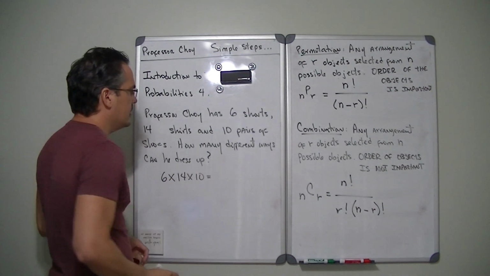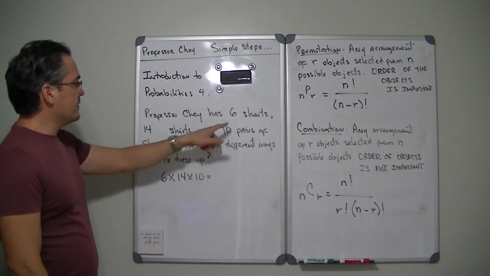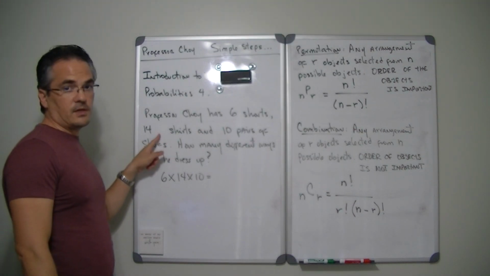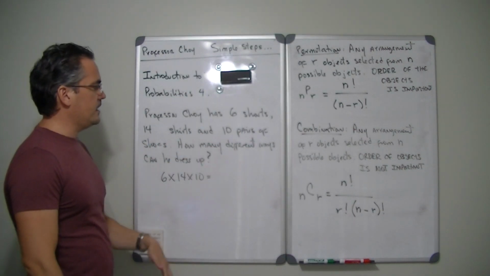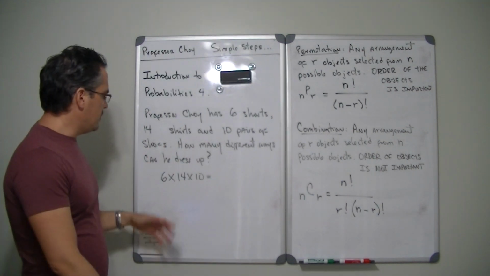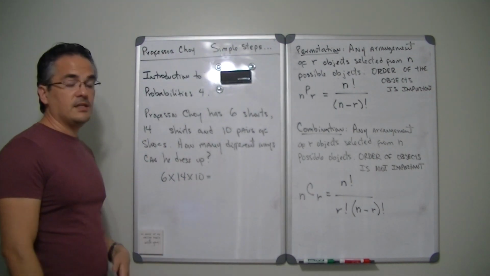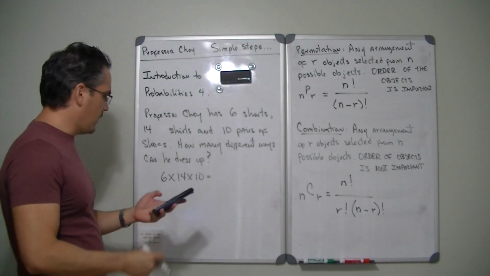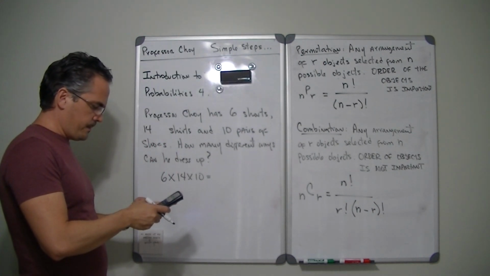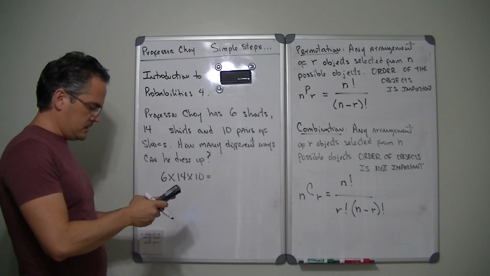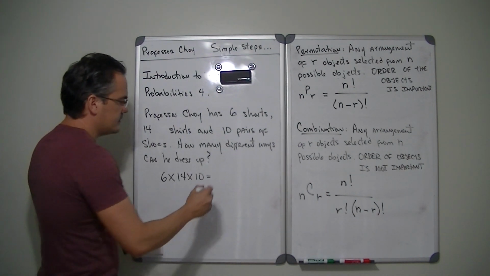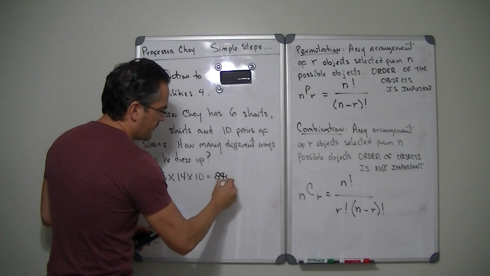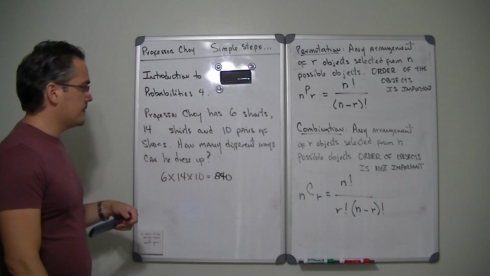Basically, if you have 6 ways of doing one thing, 14 ways of doing another thing, and 10 ways of doing another thing, and they're all combined, then you have 6 times 14 times 10 different ways of doing that. So we got 6 times 14 times 10, and that's 840 different ways that I could dress up.